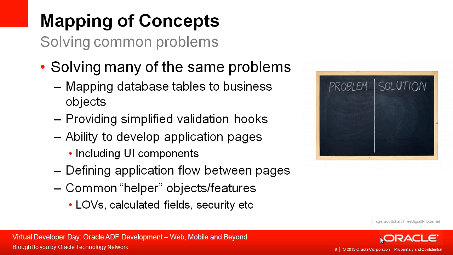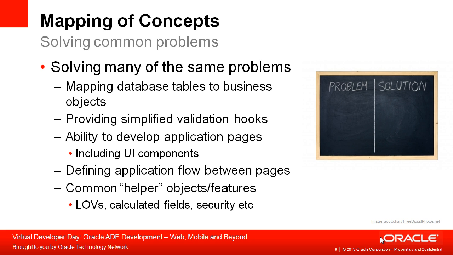In the Forms world, that would be your data blocks. You'll be providing validation points, because as information comes into your application, you might want to validate that salary is below a certain value, and that's a validation point that's specific to the application and not necessarily within the database. So you have application validation hooks.